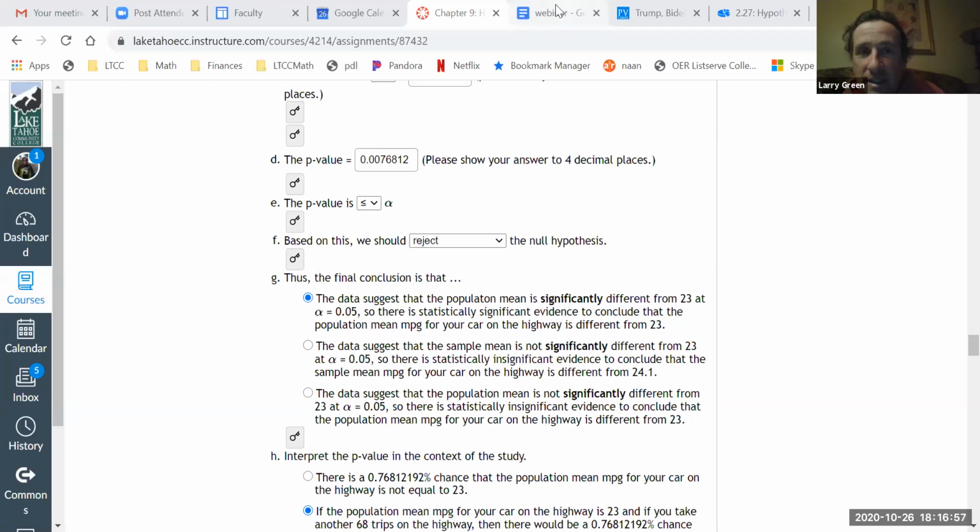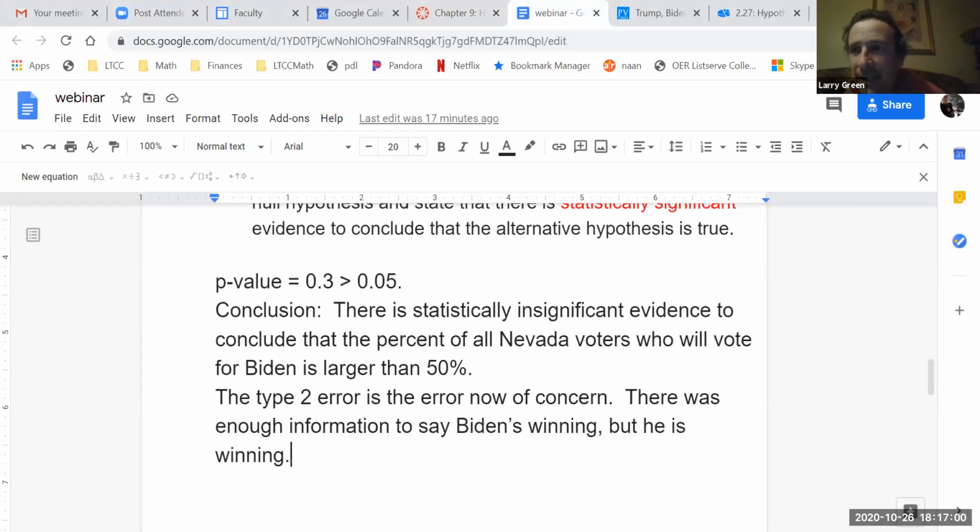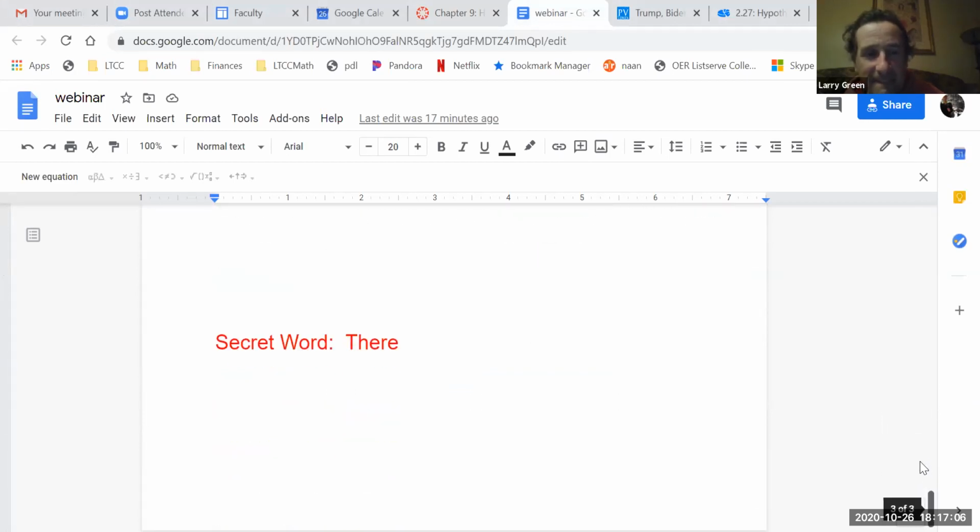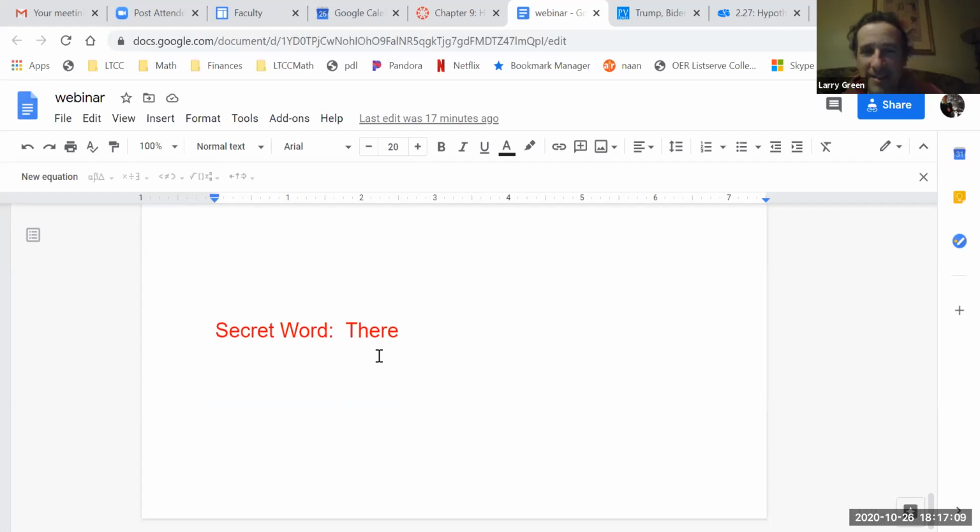What I want to do, I'm going to talk about the project. But before I do that, I'm going to scroll down a lot. And we have a secret word. And the secret word is there. Why is it there? Anyone know? By the way, it's THERE. There's 3 different words of there, but it's this kind of there.